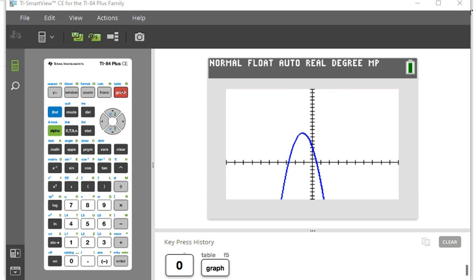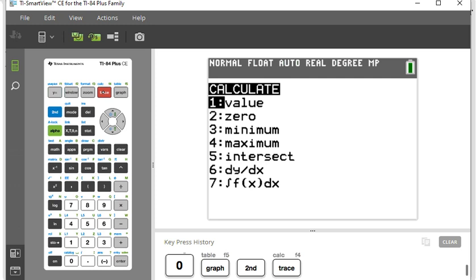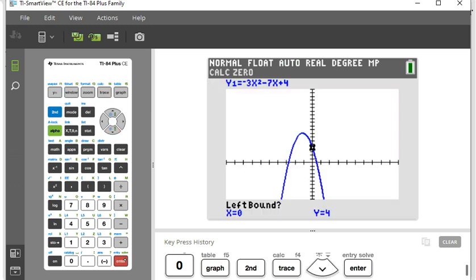So let's walk through and see what we can get. Second trace. We want number 2, the zero values, but I have to work with the intercepts individually. Habit, I always go to the left intercept first. So we want to be left bound. To be on the left side of the intercept, my cursor needs to be a little below, because as I move below, I'm also moving left of the intercept.